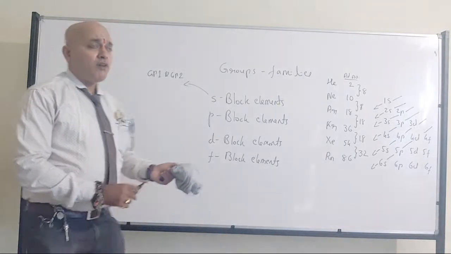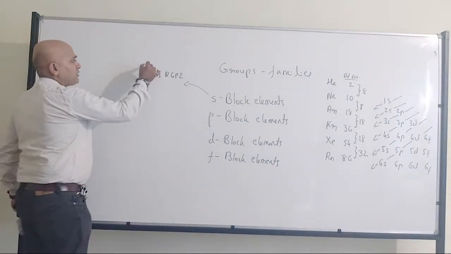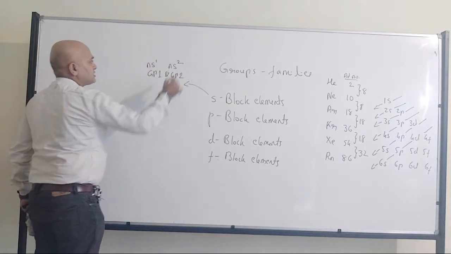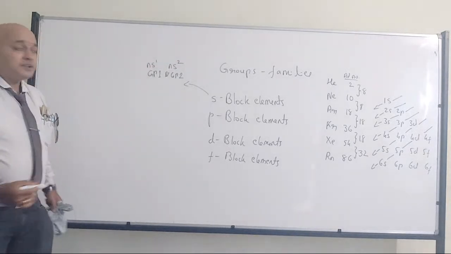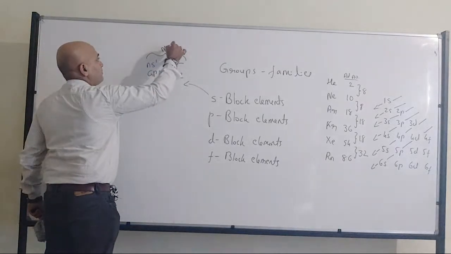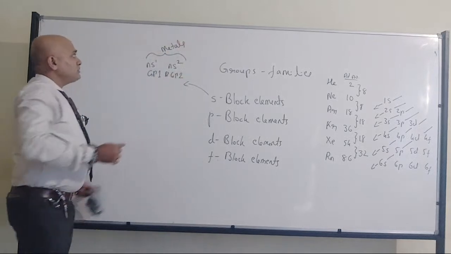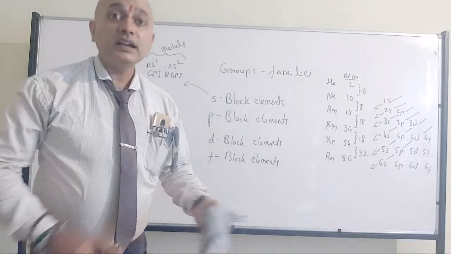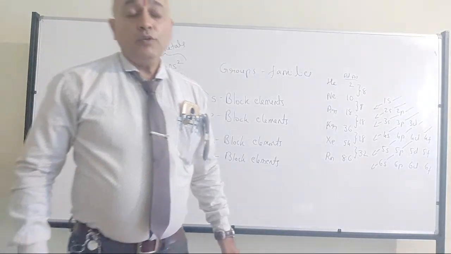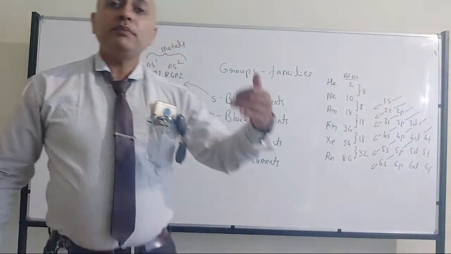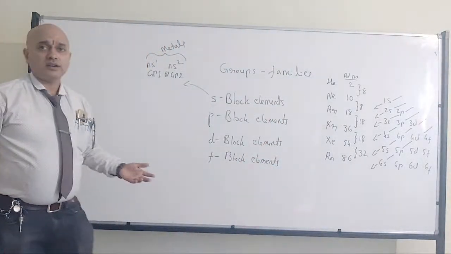Now, if I want to write the general electronic configuration, I can say ns1, 2. Right? And both are metals. So alkali metal, alkaline earth metal. Why they are called alkali and alkaline earth metal? Anyway, you people are going to discuss that in S block.